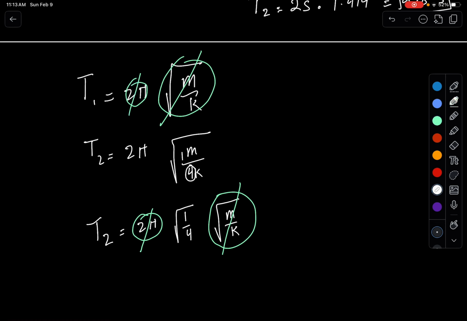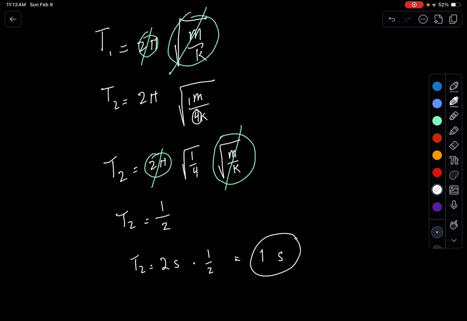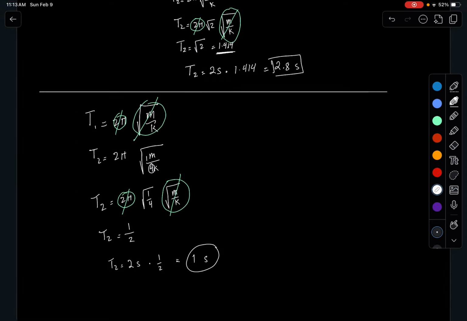So it remains only the square root of a quarter, which equals half. To find the period, the T2, we have to multiply the original period, which was 2 seconds, by half, which gives us 1 second. So if we quadruple the spring constant, the period becomes 1 second.